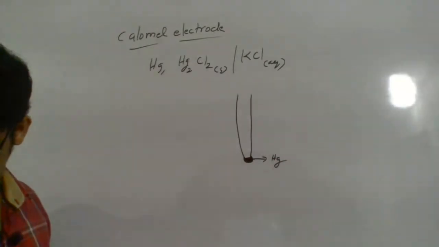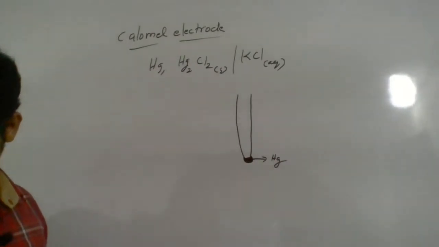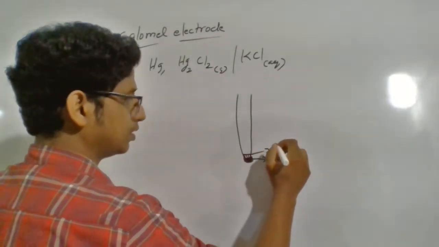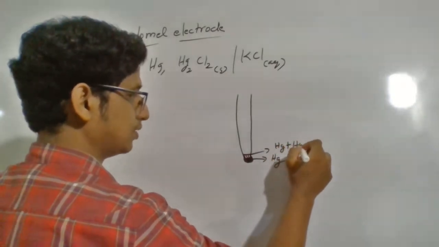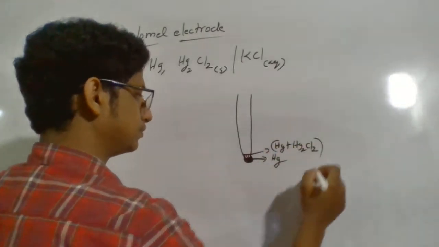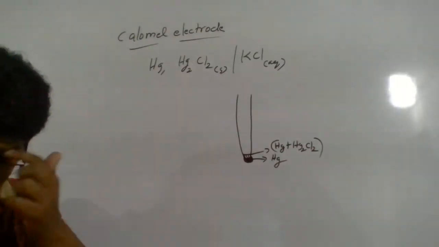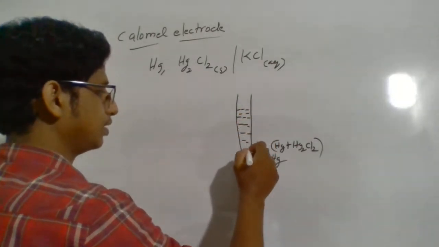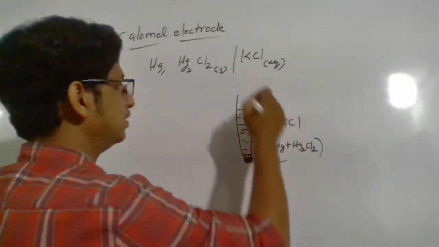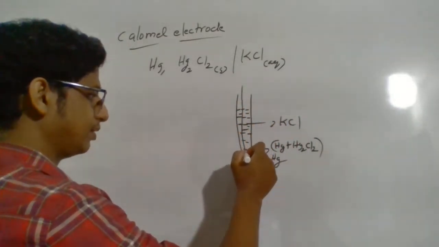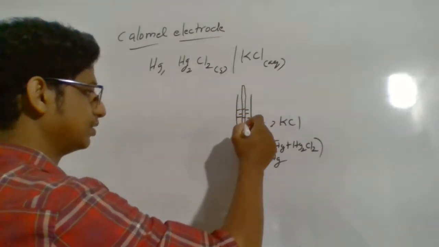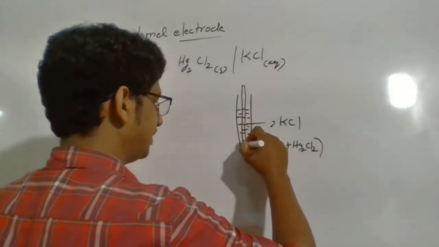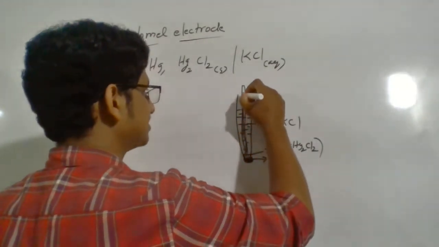Then it has a paste of mercury and mercurous chloride just above the mercury at the bottom. Then the aqueous solution of KCl will be filled. Then a platinum wire is inserted through a thin glass tube, which makes sure of an electrical contact with the external circuit.